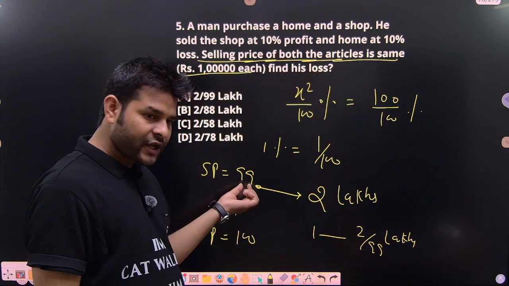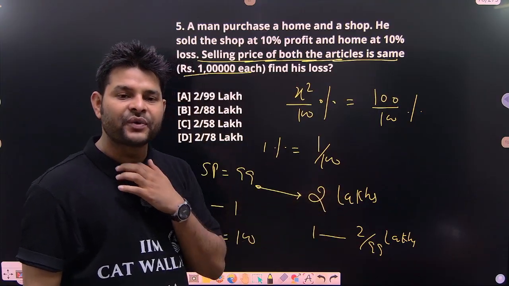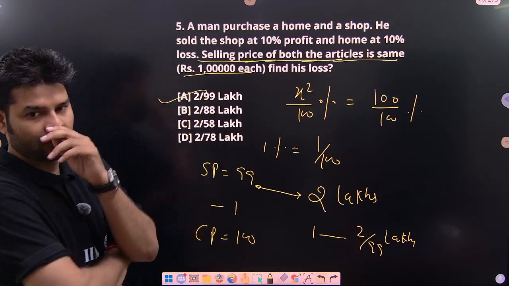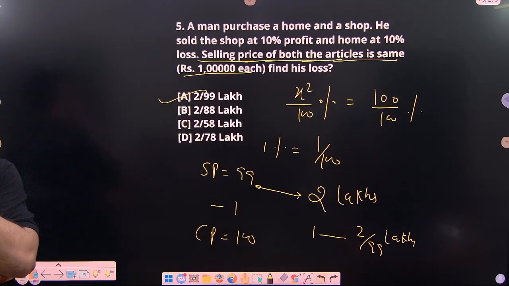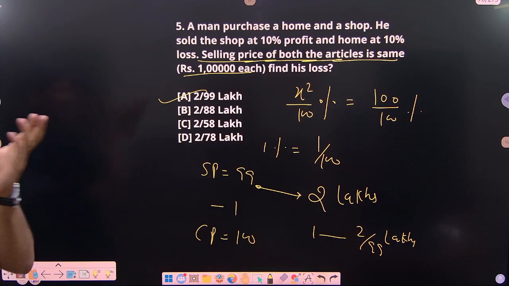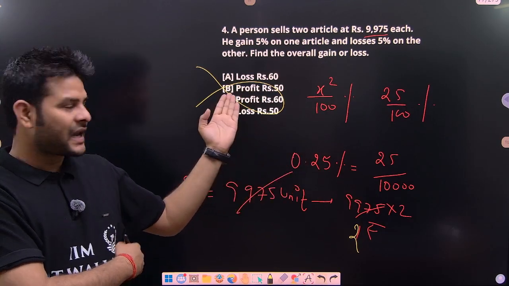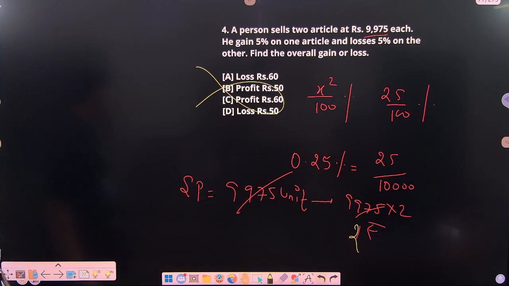If 99 units means 2 lakhs, then 1 unit means what? 2 upon 99. So the same question, so basically the answers given are absolutely wrong. Okay, the next one.